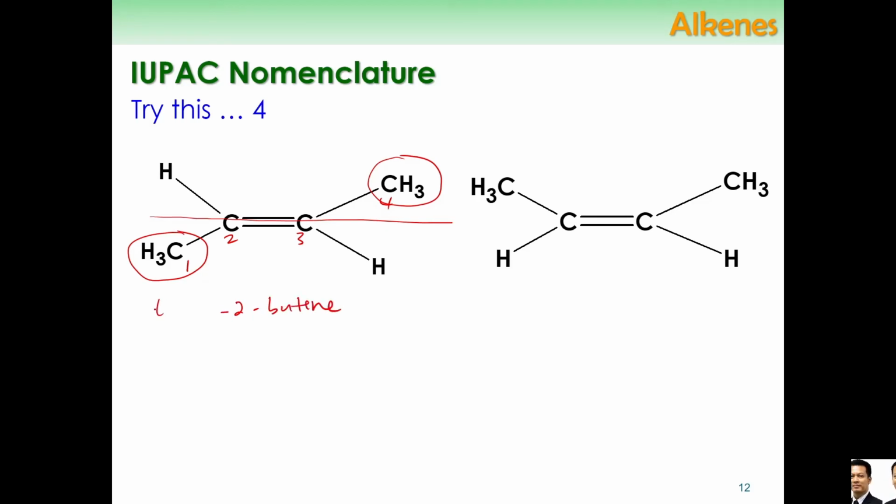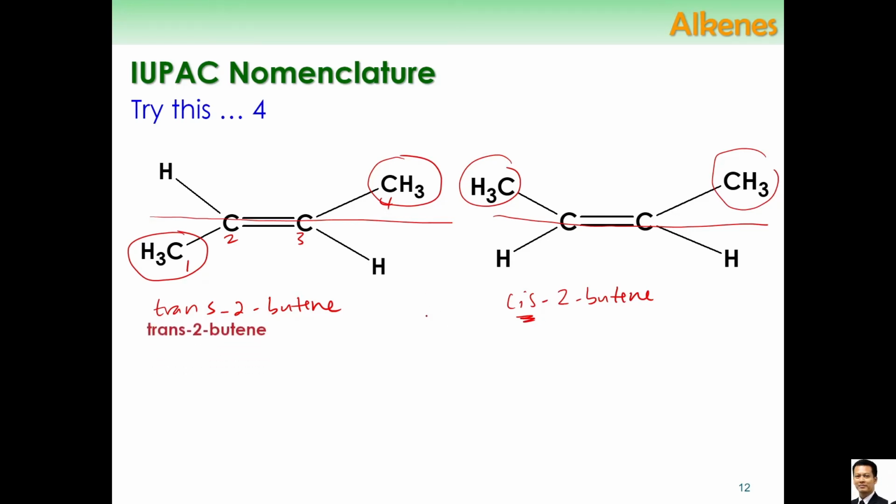And it is opposite side, so trans. This one, cut along the double bond, is on the same side, so this one is cis-2-butene. I hope you pronounce cis correctly. So trans-2-butene and cis-2-butene.